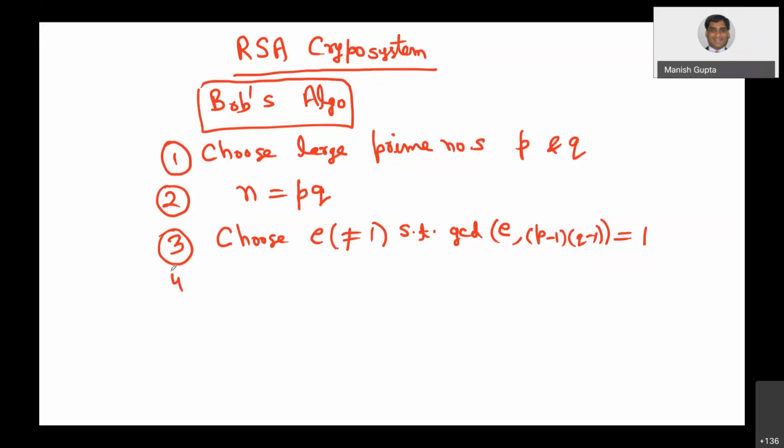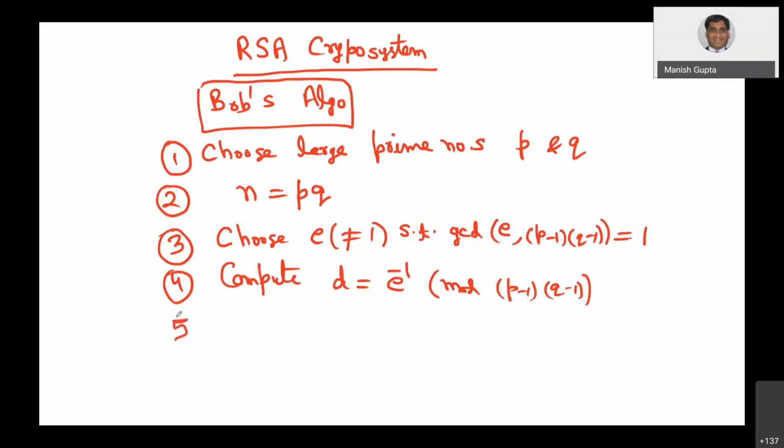Then fourth, compute D, which is the inverse of E mod (P minus 1)(Q minus 1). Mod means modulus; we are reducing modulo (P minus 1) times (Q minus 1), and whatever is the remainder, that is the inverse. So E and D are inverses of each other, so E times D is equal to 1 mod (P minus 1)(Q minus 1).